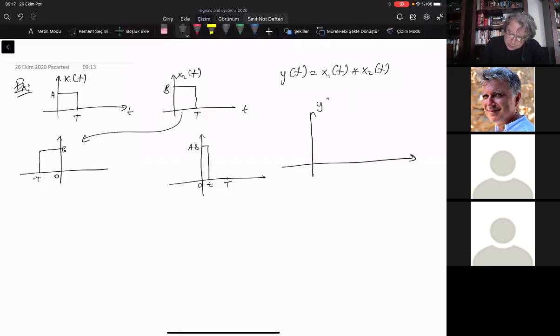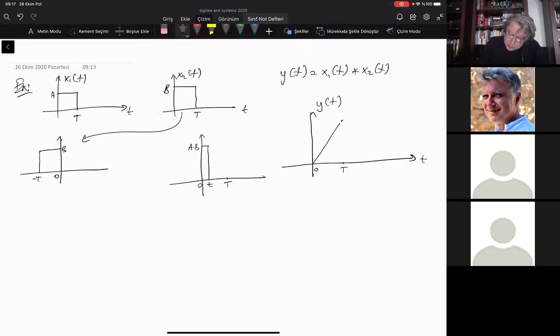Let me try to plot this y of t already on the t-axis. As you start from 0 and you go up to capital T, you will reach this value. And it will be a linear increase because a times b times t is linearly increasing with time.